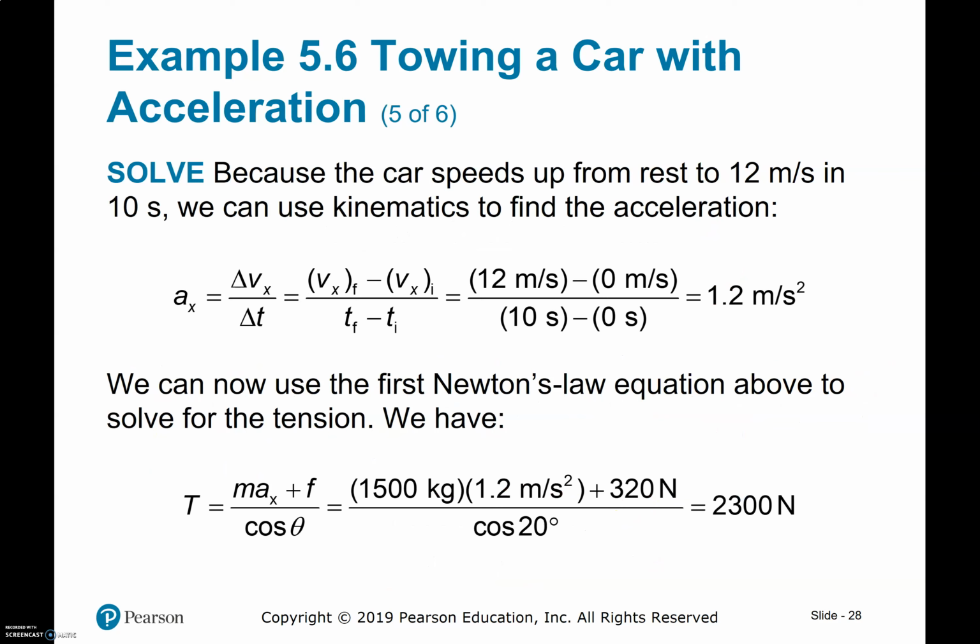But we need the acceleration. For that, we use the change in velocity divided by the time, which is 12 meters per second minus 0 divided by 10 seconds. So that is the acceleration. Now we can use that acceleration here to find the tension. And the tension is 2,300 newtons.